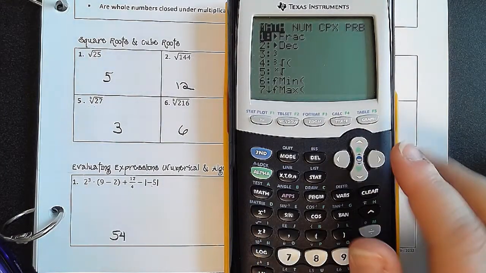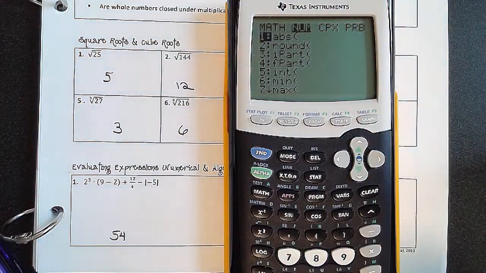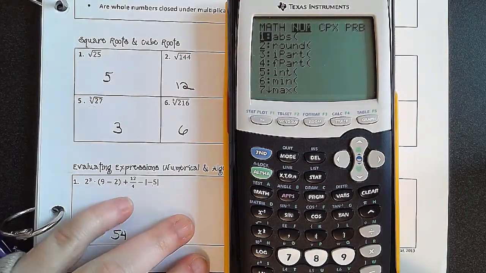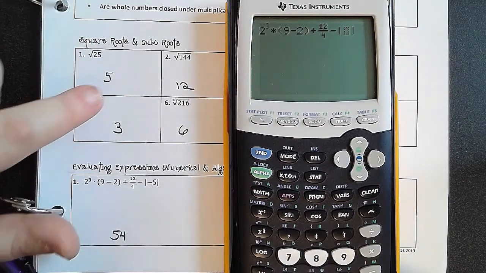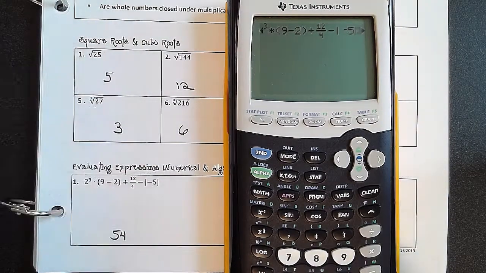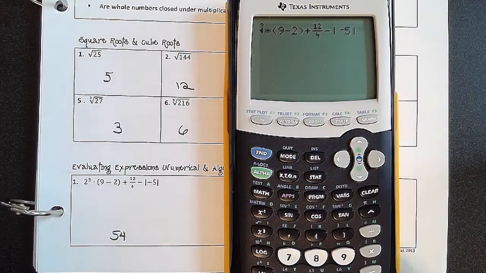So I go to math, and then I arrow over to num. Okay? And abs, that's not the abs on your stomach, that's the absolute value. Okay? And I'm going to put -5 right here. Okay? And I always arrow out to the right to get out of it. So I press enter and I get 54.